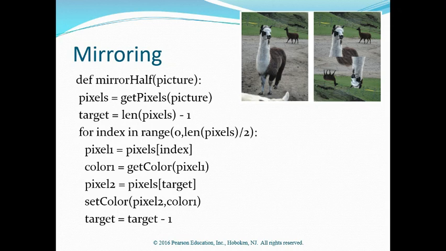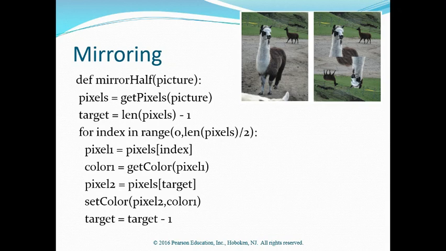And the target is the length of pixels minus 1. So that starts from the bottom. The target's starting from the very last pixel, and the index is starting from the very first pixel, and then they're actually going to go through. Target's decreasing, index is increasing, and they're going to make a mirrored picture like we have above.